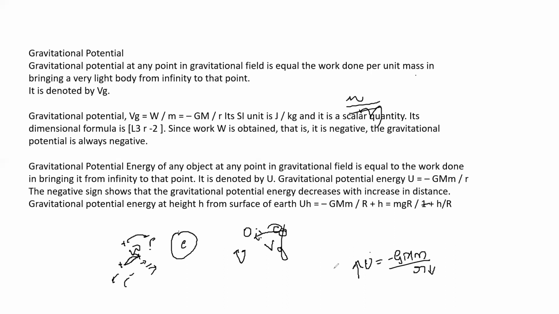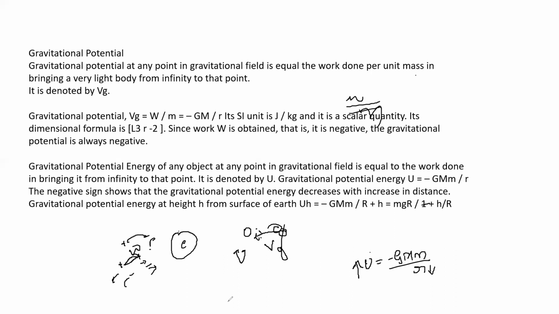Gravitational potential energy at height h from the surface of earth is given by U_h equal to minus G M m divided by r plus h. Instead of r, we are taking r plus h. Simplifying further, it becomes mgr divided by 1 plus h by r.